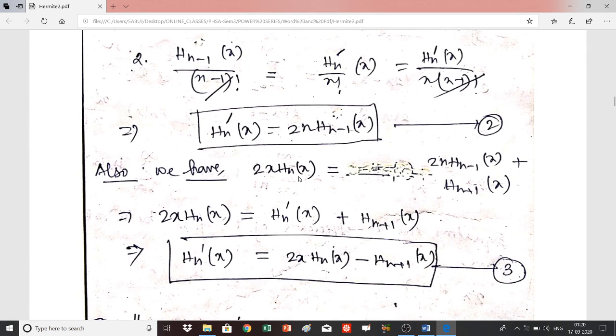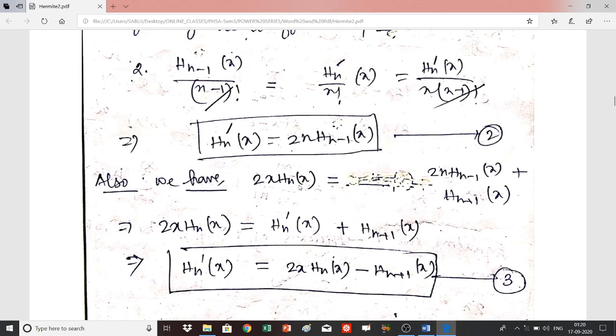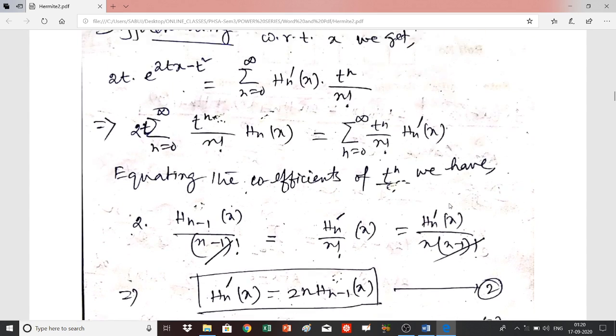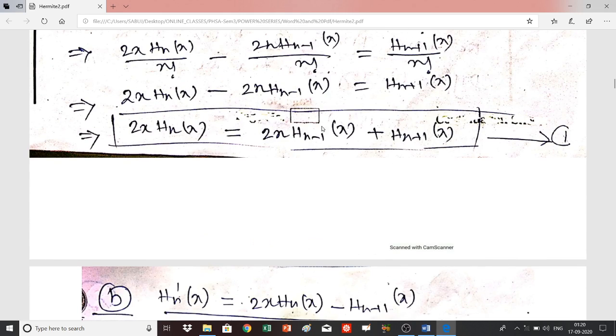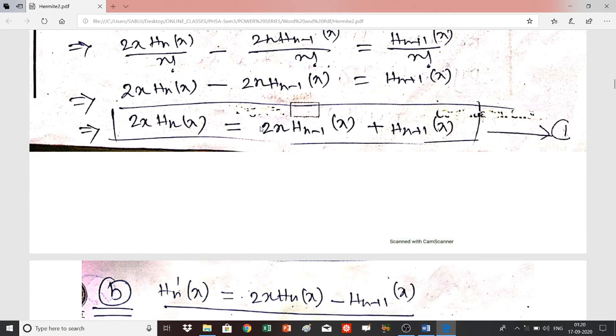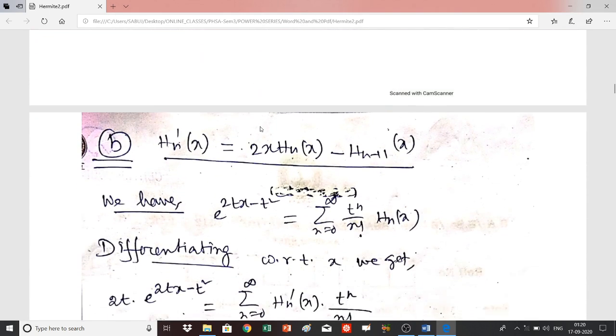Also you have the recurrence formula 2x hn x is equal to 2n hn minus 1 x plus hn plus 1 x. Where has this been proved? See here, this relation, this is that relation. This is another recurrence relation. Just we use this relation.